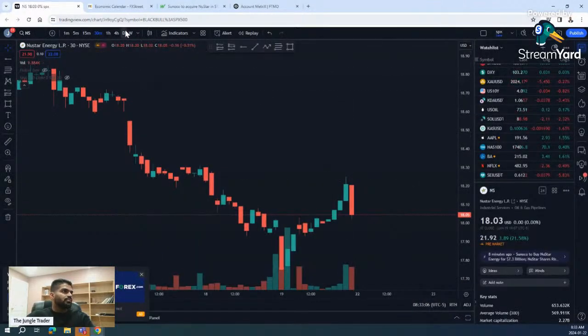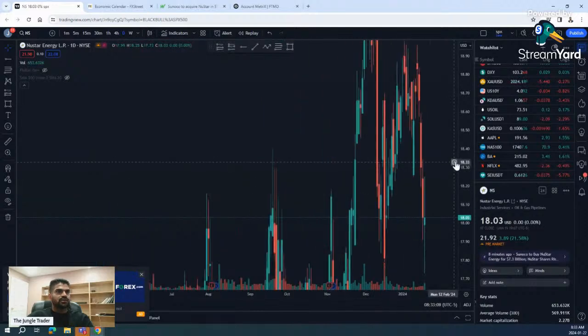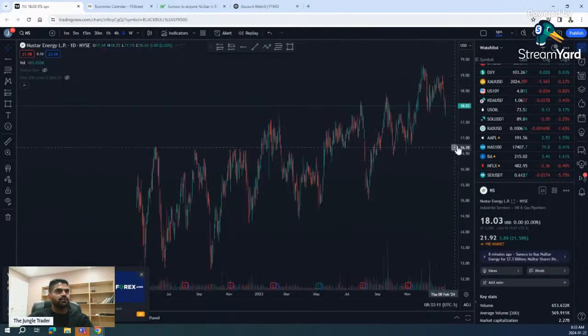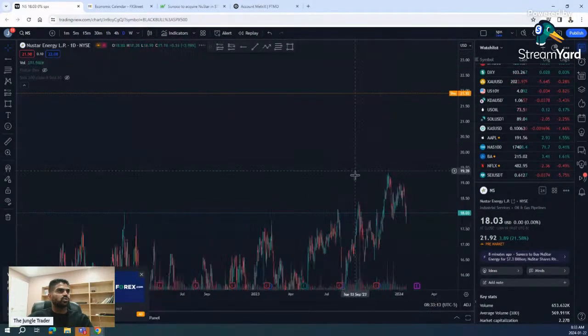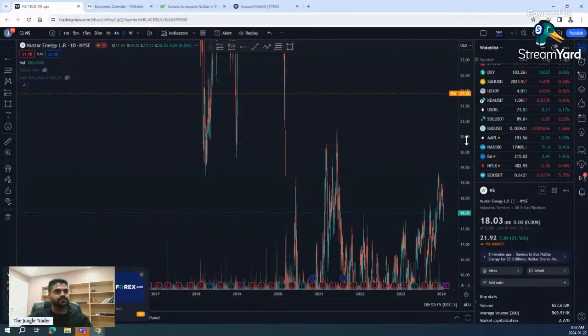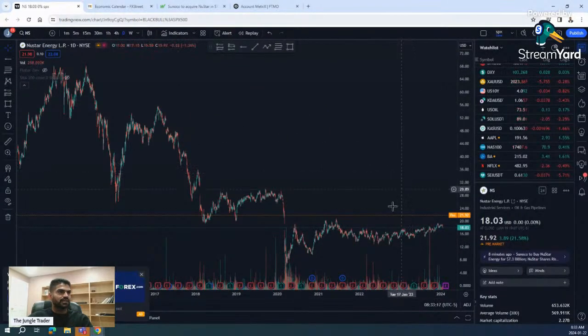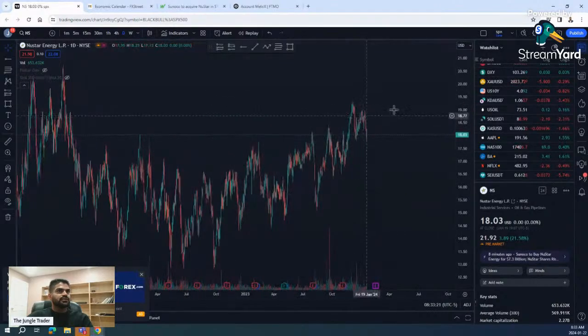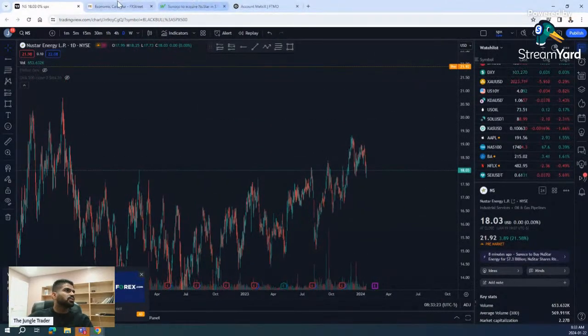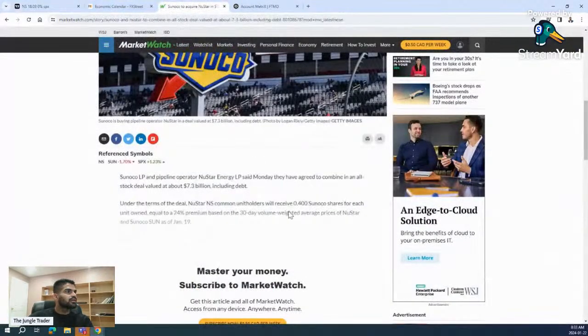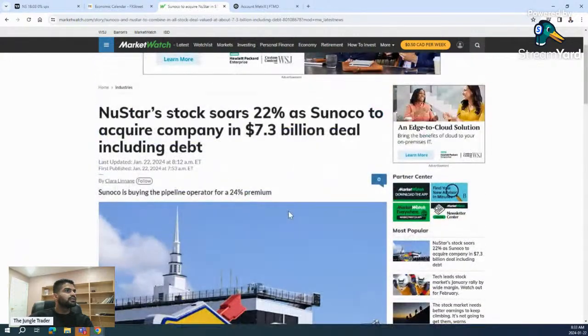It's probably gapped up significantly, I would think. What are we at? Pre-market, $22. Wow. Closed at 18. It's above that range. About 7 points, so it's a 24% premium.